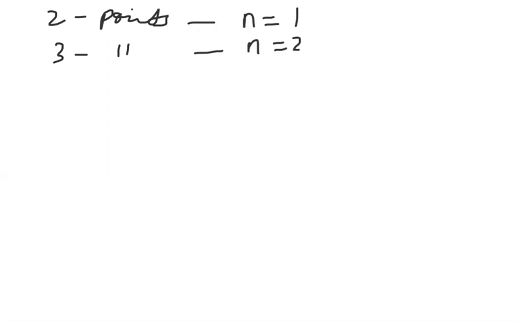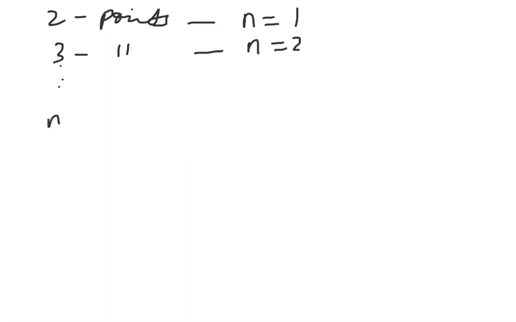When we have 2 points, like in the example, we're able to find the polynomial of degree 1. It will give us a linear interpolating polynomial. So if I'm given 3 points, then you'll be able to find a polynomial of degree 2. Okay, and I'll move on like that.